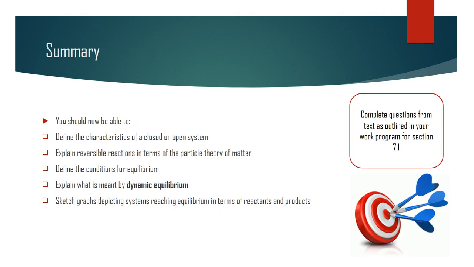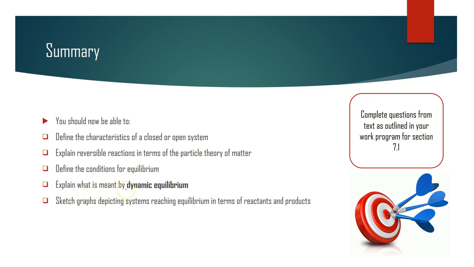Okay, so for our first two sections, you should now be able to define the characteristics of a closed or an open system in terms of matter and energy transfer. Explain reversible reactions in terms of the particle theory of matter, so collisions with sufficient energy, and talking about the concentration of particles as they collide and how that changes it. Define the conditions for equilibrium.